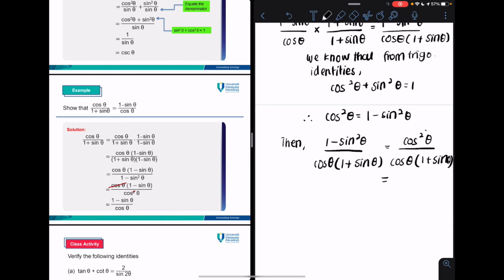Then we will get cosine theta over 1 plus sine theta, which is obviously the right hand side equal to the left hand side. Shown.